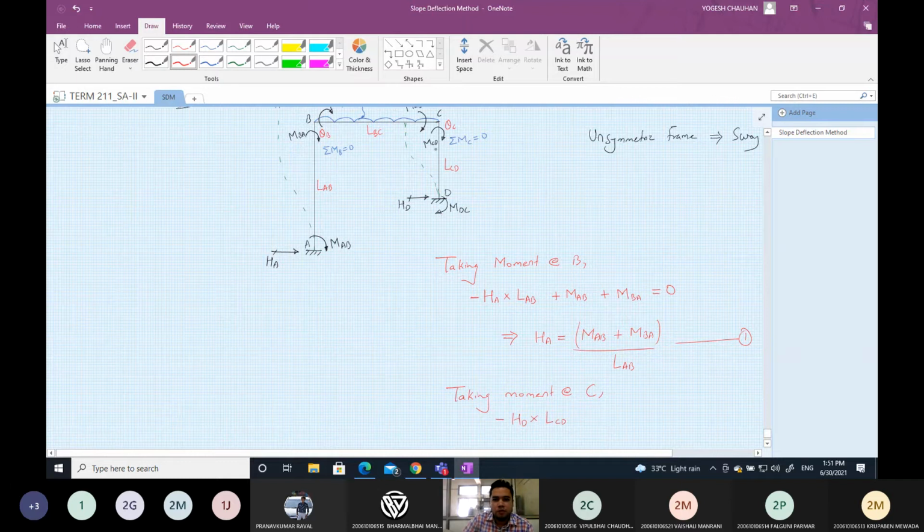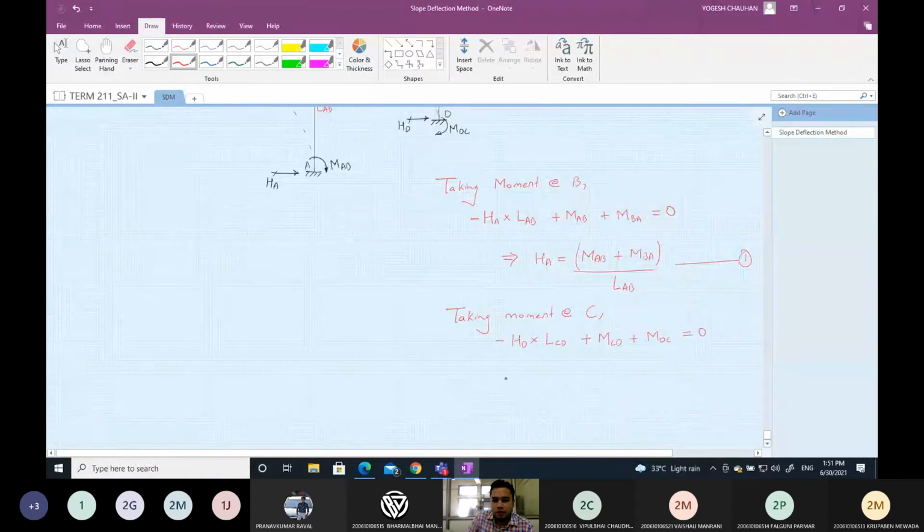MCD is also assumed clockwise, it is positive, so plus MCD plus MDC equal to 0. So again this implies HD is equals to MCD plus MDC by LCD. Mark this as number 2.